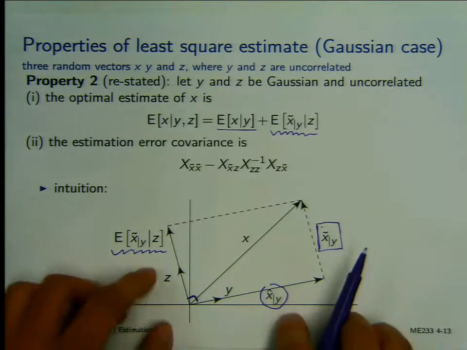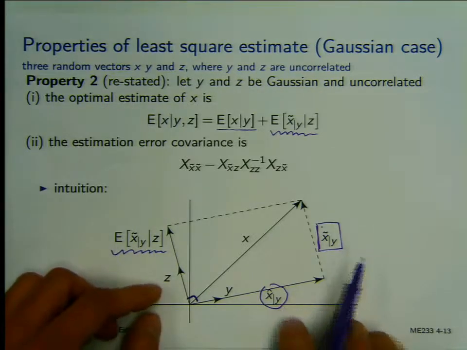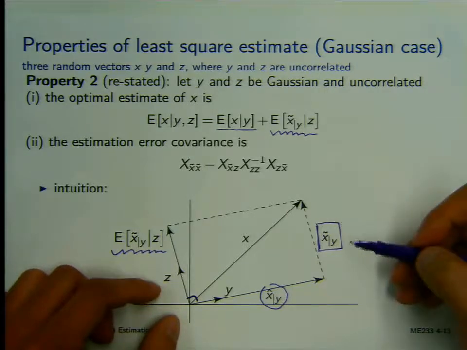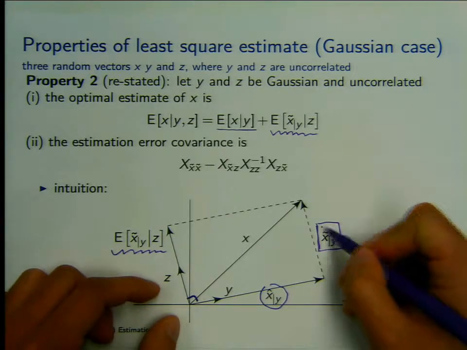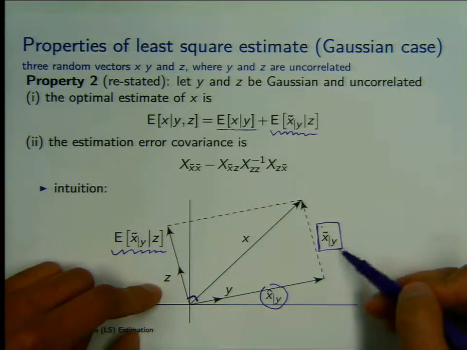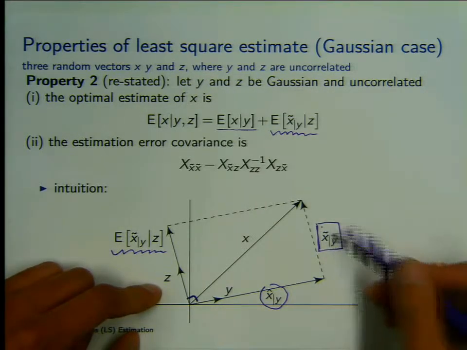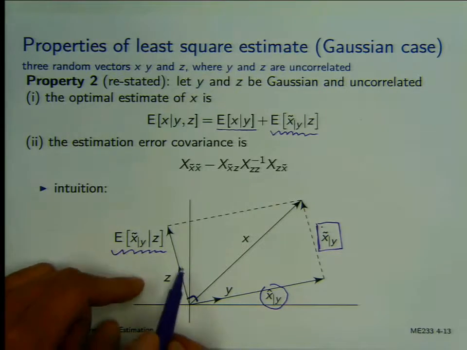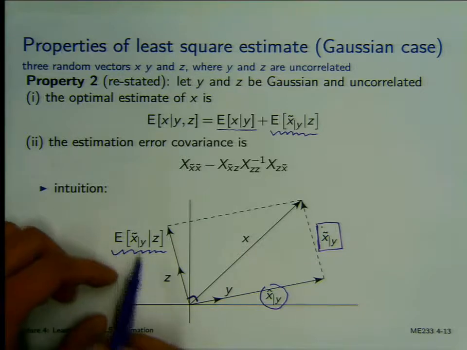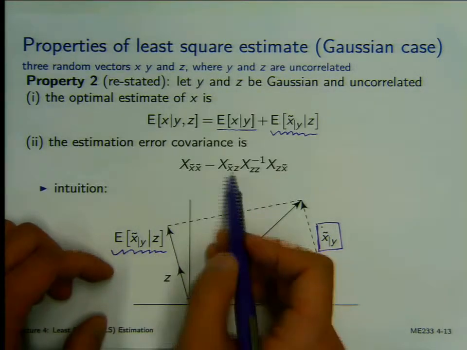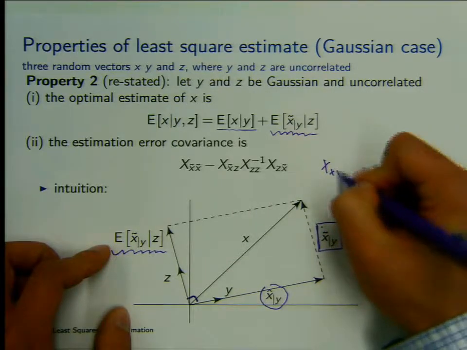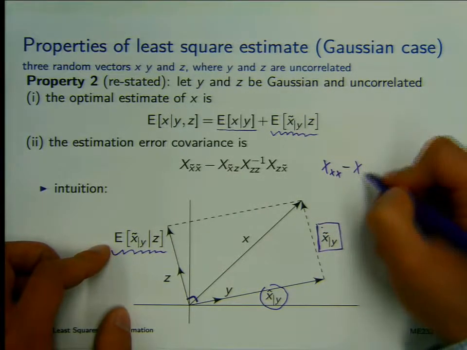So that's, first of all, the optimal estimate of the mean. And then look at the estimation error covariance. It's going to be this minus, so the estimation error covariance of this guy minus the additional information provided by this z direction. So it's going to be this. It's probably better to write out the first information.